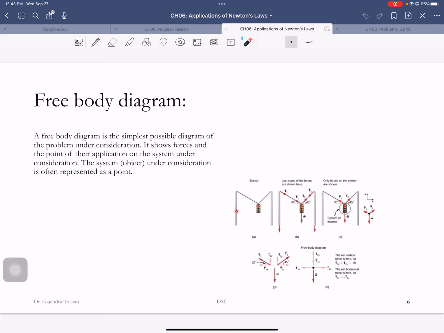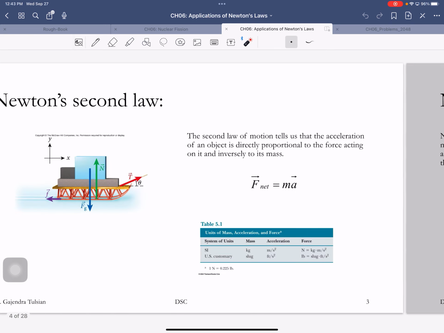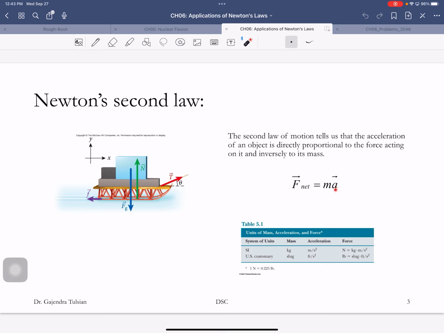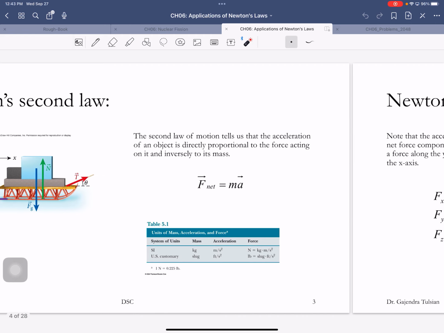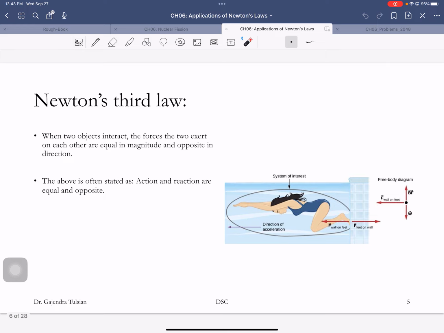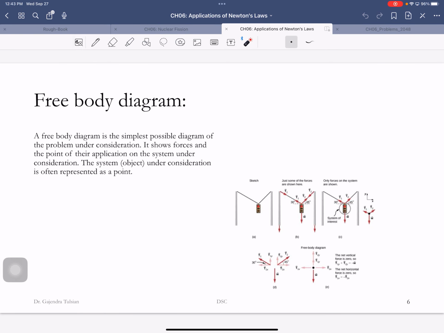So in analyzing these objects, if you want this object to be at rest, that means its acceleration is 0. That means the sum of all the forces acting on it must be 0. And that's how we are going to analyze it. So you want this object to be at rest.